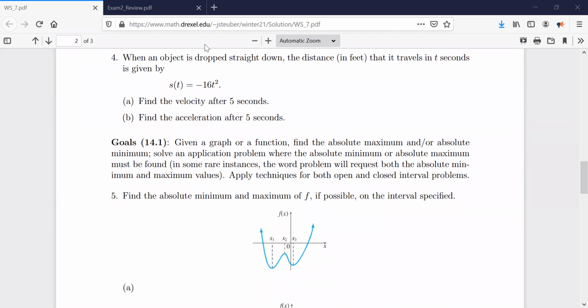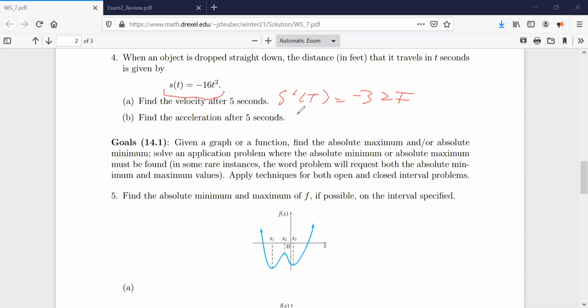So, find the velocity after 5 seconds. This is the distance function, so the velocity function is going to be equal to the derivative of this. If I do s prime of t, that's going to be equal to negative 32t.